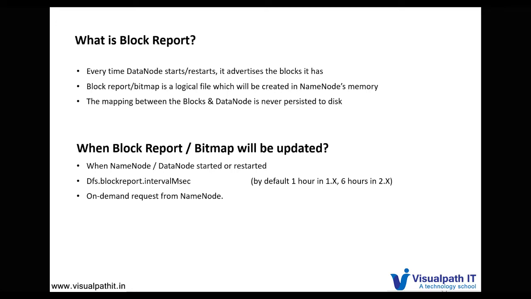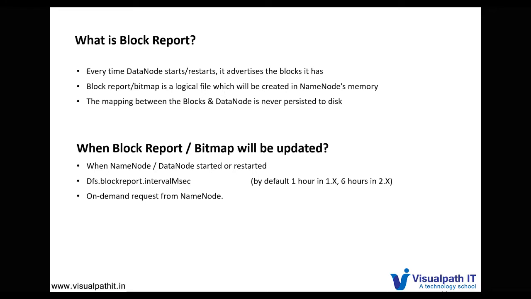Otherwise the name node will not have the information. So whenever a restart happens, the data node should send its block report, that is, how many blocks it has, to the name node.